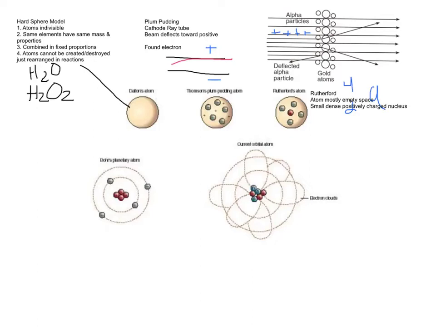The next scientist that we look at is the Bohr model of the atom. In the Bohr model, he uses a flame test, much like we did in lab. He adds energy to atoms and notices that every atom glows a characteristic color in a flame.